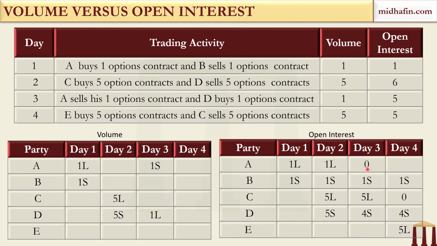It has been completely offsetted. Whereas D has now entered into one long position. So D, who was earlier 5 short, becomes 4 short. Is this clear? Is the position of D clear on day 3?